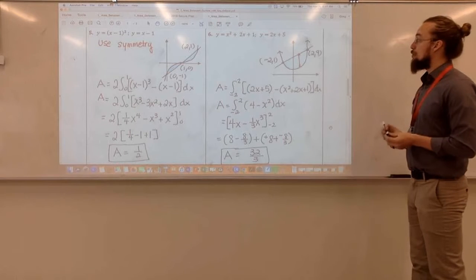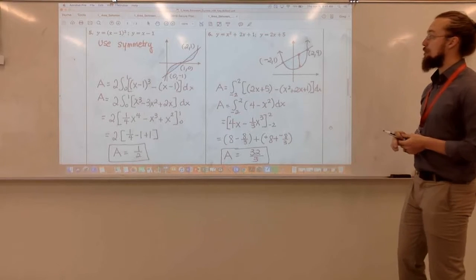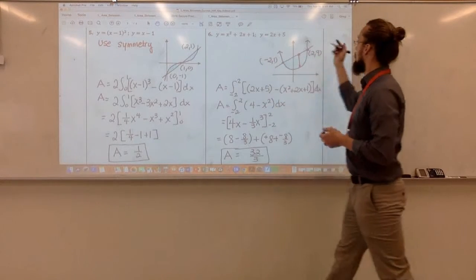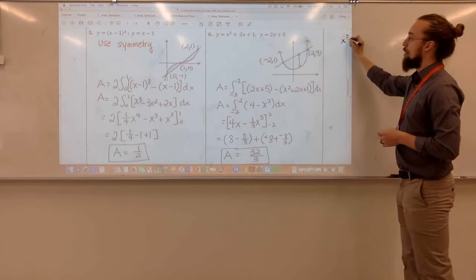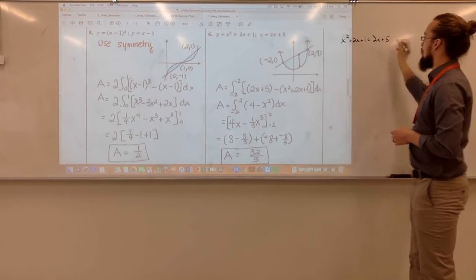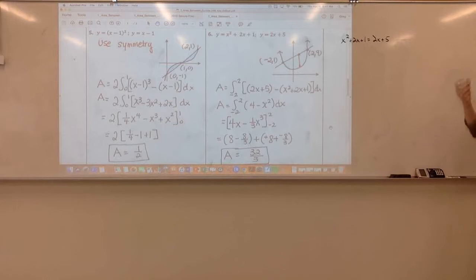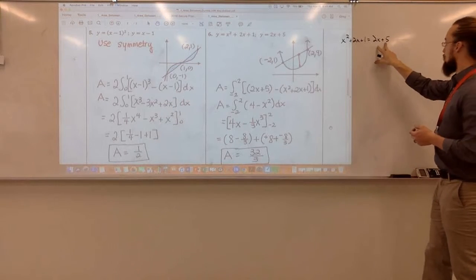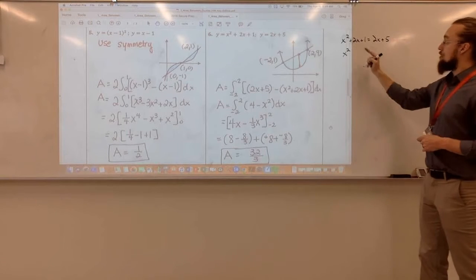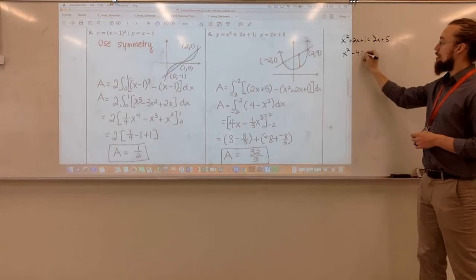So if we're doing this by hand, the first thing we need to determine is our bounds, right? So I would need to set these two functions equal to each other. So x squared plus 2x plus 1 equals 2x plus 5. To solve this, I would get everything on one side equal to 0, so I'll subtract both of these things over. So the 2x's end up canceling, and we just get x squared minus 4.